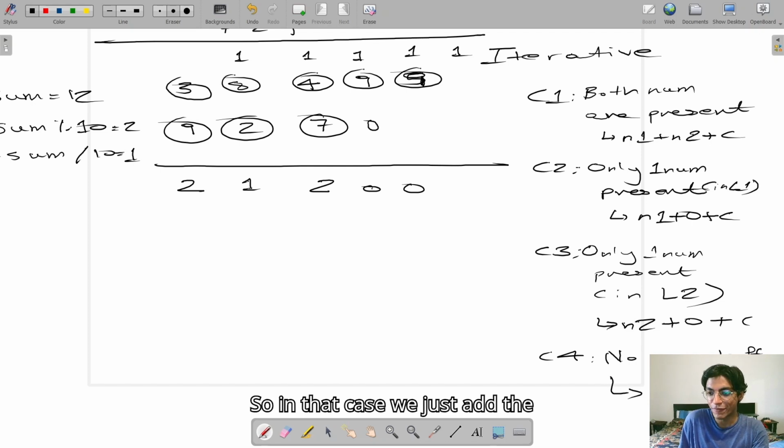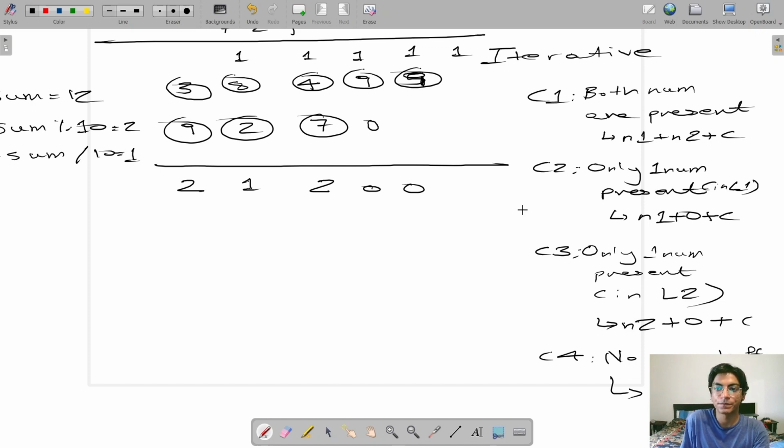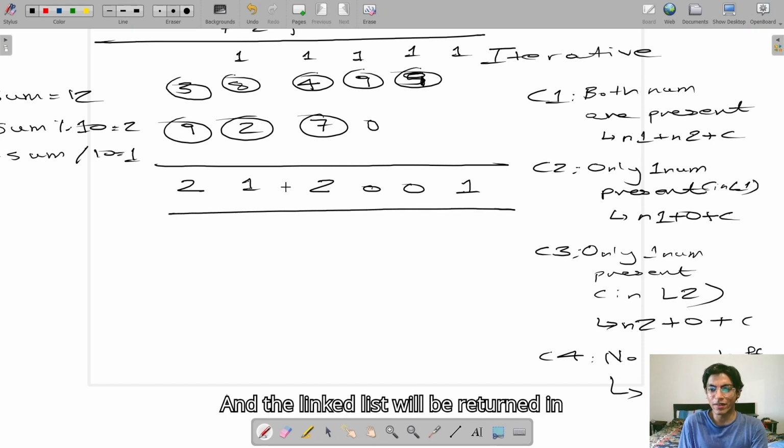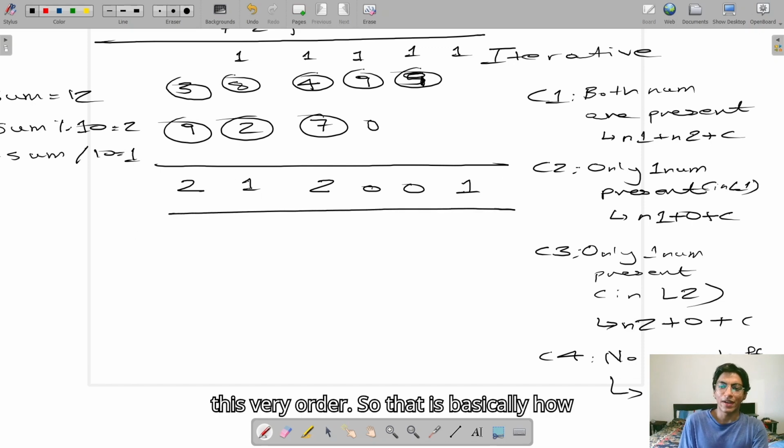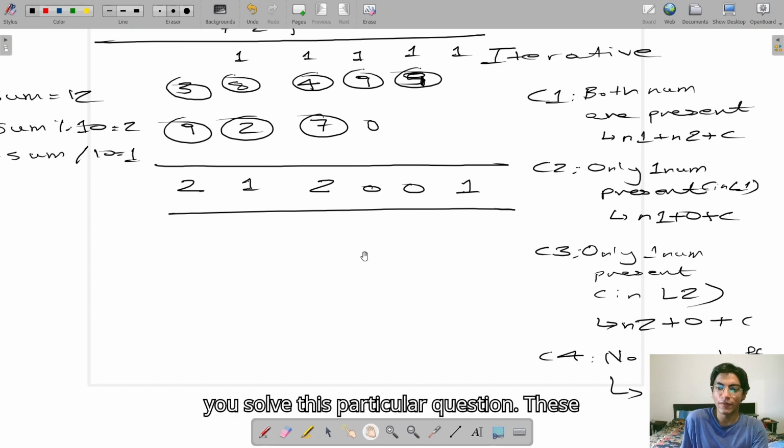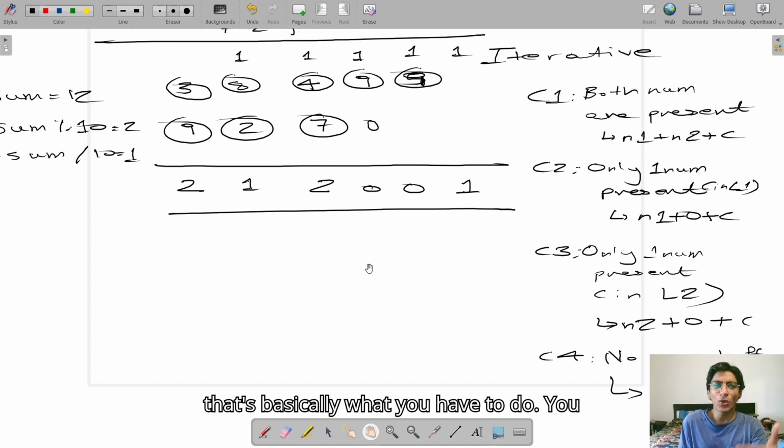So in that case, we just add the carry. We add the carry and return our answer. And the linked list will be returned in this very order. So that is basically how you solve this particular question. These are the cases you take care of.